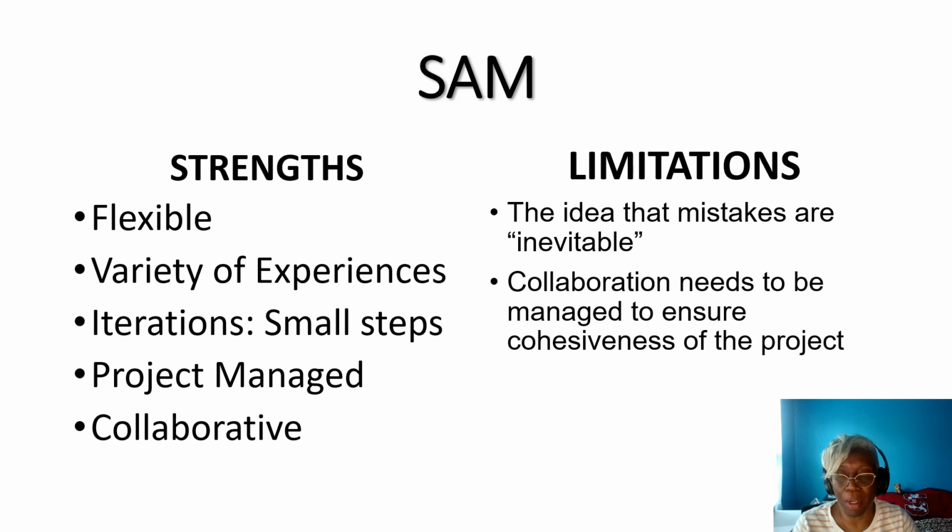As it talks about the collaboration needing to be managed so there's cohesiveness. So you can collaborate and everybody can have a variety of experiences in terms of what they believe its most perfected state is of an online course or online program, but it doesn't necessarily mean that the product itself is going to be cohesive. Of course, that's going to create an opportunity for mistakes to be made.